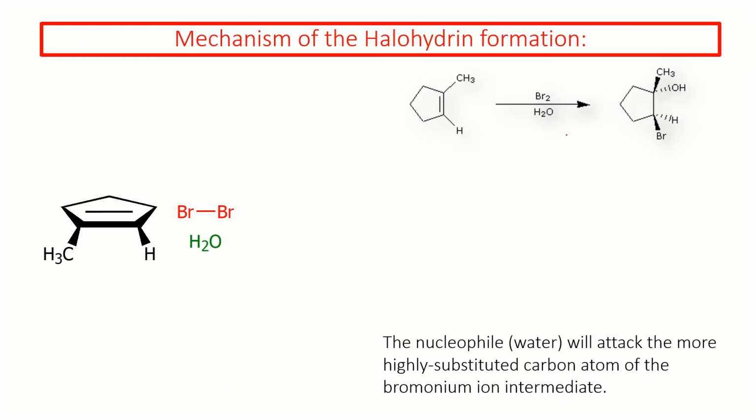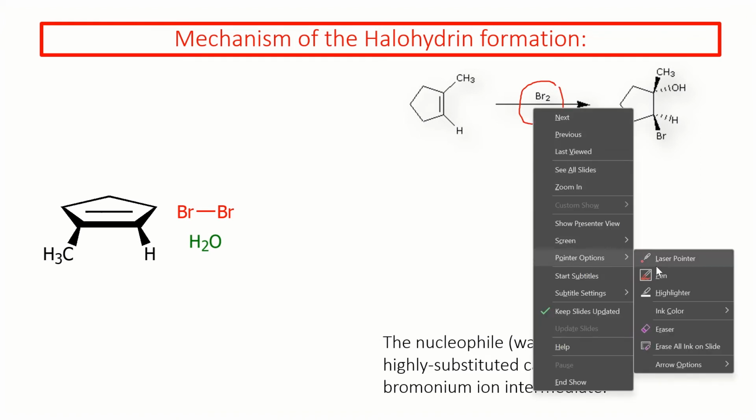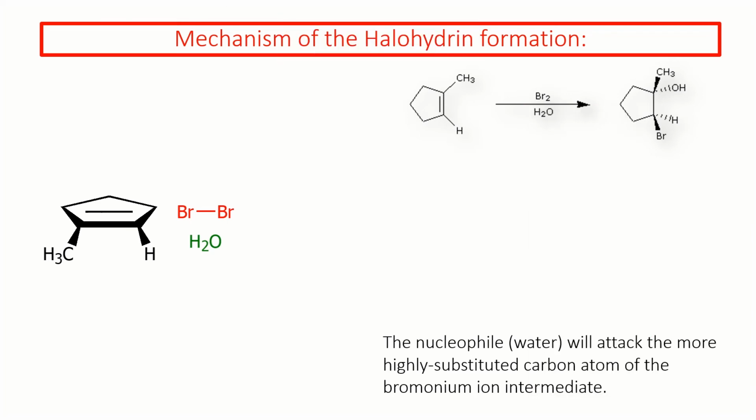In the case of bromine in water, an interesting species results. The result of this reaction is the anti-addition of the halide and OH, and it's called the halohydrin reaction.